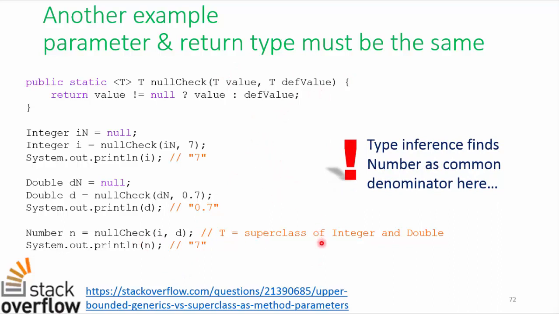So there is a superclass of integer and double. It's number, and we can return that. And we can store in a number n, which is how we declared our variable, the value that is returned by null check, which was inferred to be of data type number. So a little bit more indirect, convoluted maybe, but still the same type of situation repeating itself.